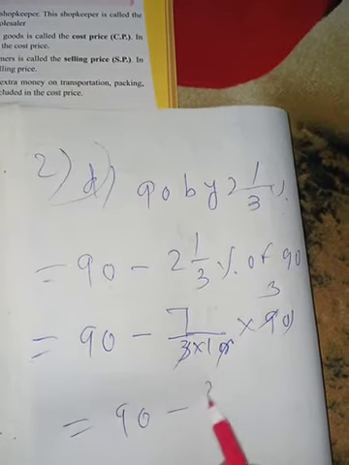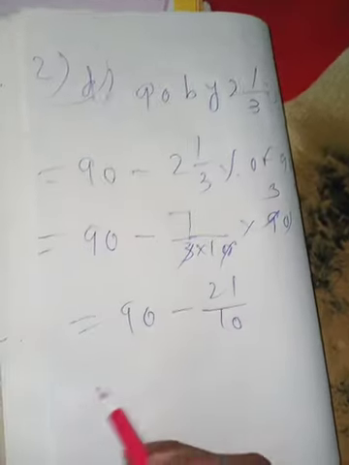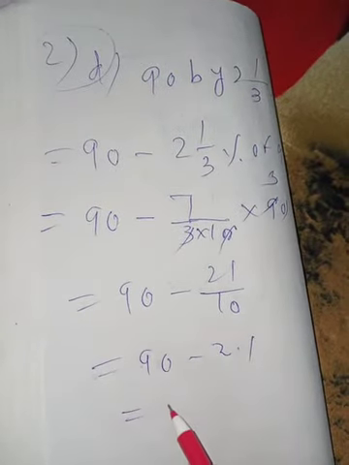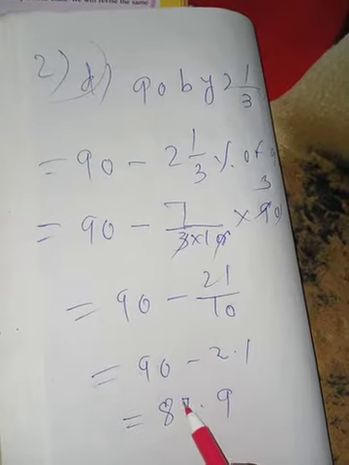So I got 90 minus 21 by 10. That is 90 minus 2.1. That becomes 87.9.